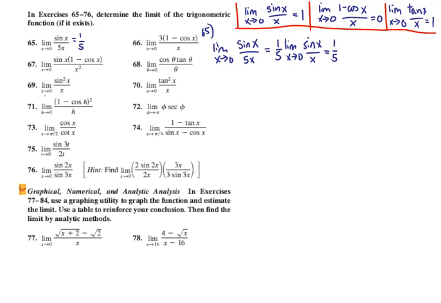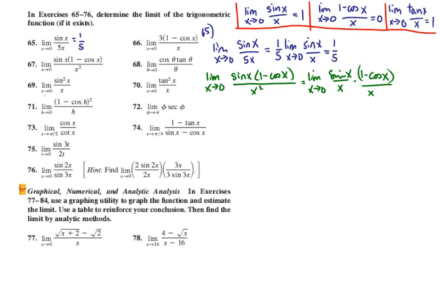We have sine x times 1 minus cosine x over x squared, limit as x approaches 0. What we're going to do with this one is split this up into a product of two fractions. First we have sine x over x, times 1 minus cosine x over x. The limit of a product is equal to the product of the two limits, so we need to find each limit individually.